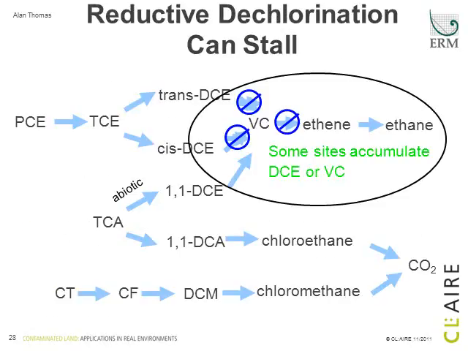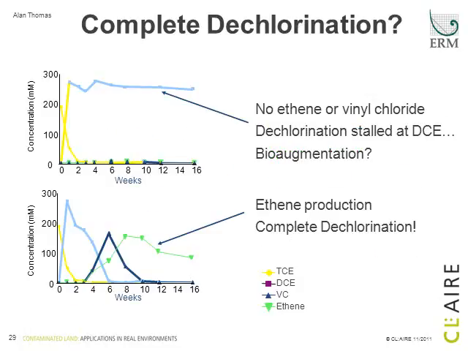Just to summarise the reason for this interest, in some chlorinated solvent sites, dichloroethene and vinyl chloride can accumulate as degradation products and not proceed the whole way through to the ultimate products of ethene and ethane. These two slides show this phenomenon in a little bit more detail.